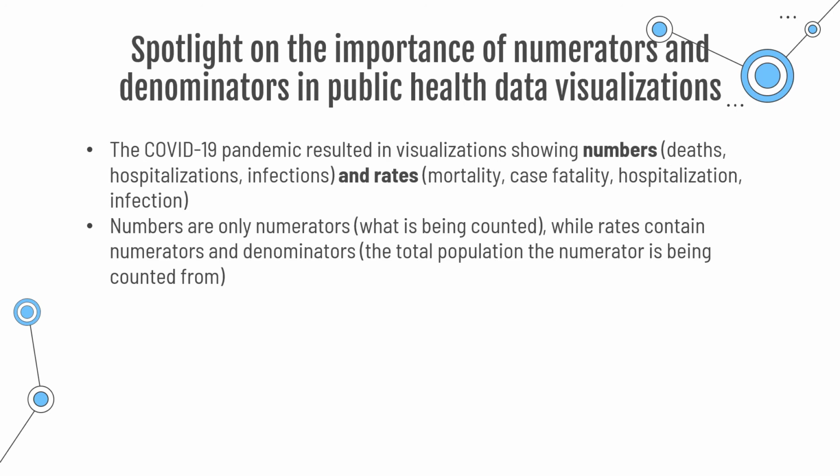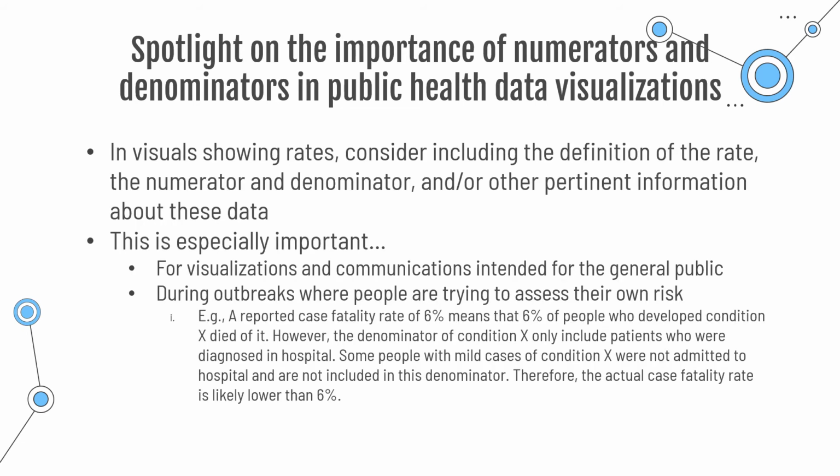Numbers are only numerators, so what is being counted, while the rates mentioned above contain both numerators and the denominator, which refers to the total population that the numerator is being counted from. In visuals showing rates rather than numbers, consider including the definition of the rate, the numerator and denominator, and/or any other pertinent information about these data.